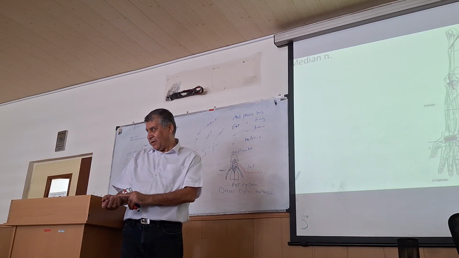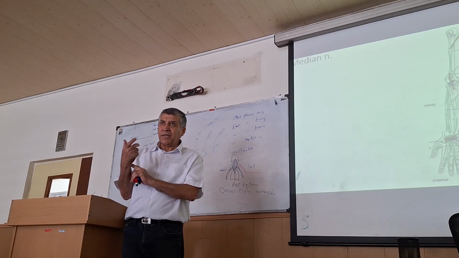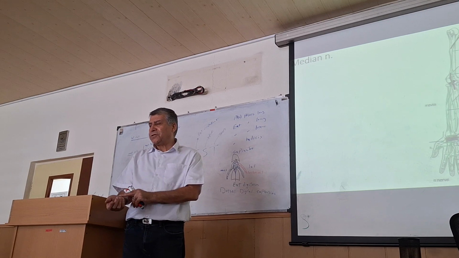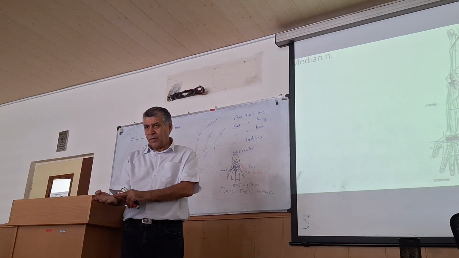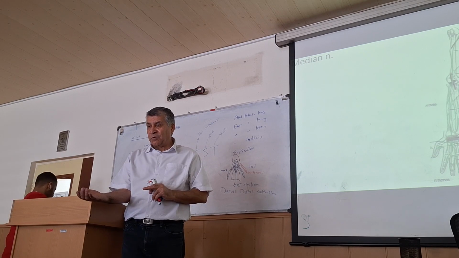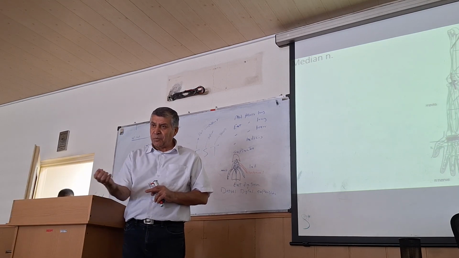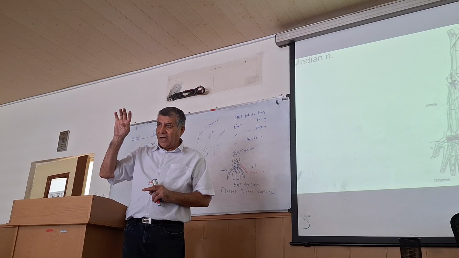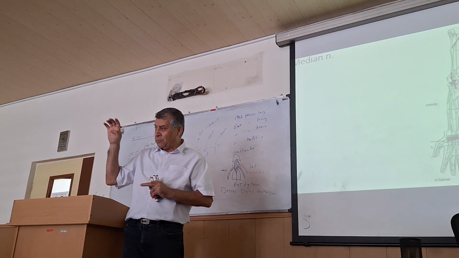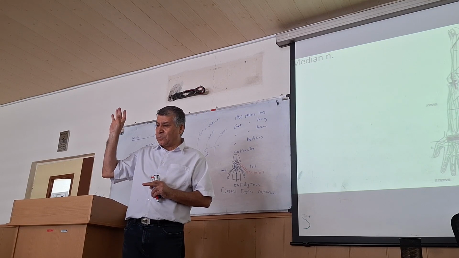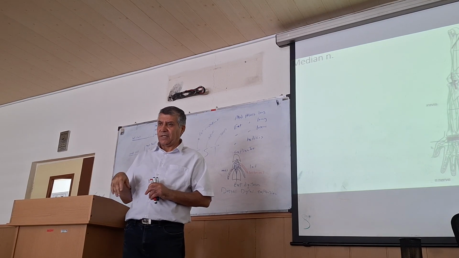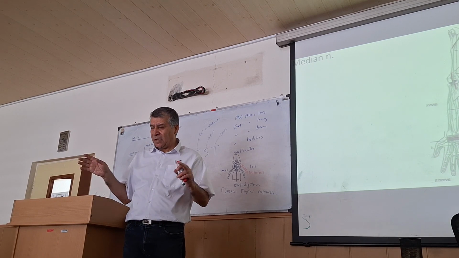Ten structures: nine tendons and one nerve. Which tendons? Flexor digitorum superficialis, four, and flexor digitorum profundus, four, flexor pollicis longus, and the median nerve.